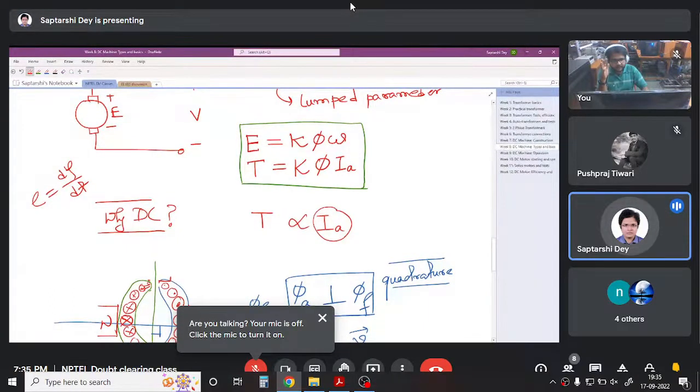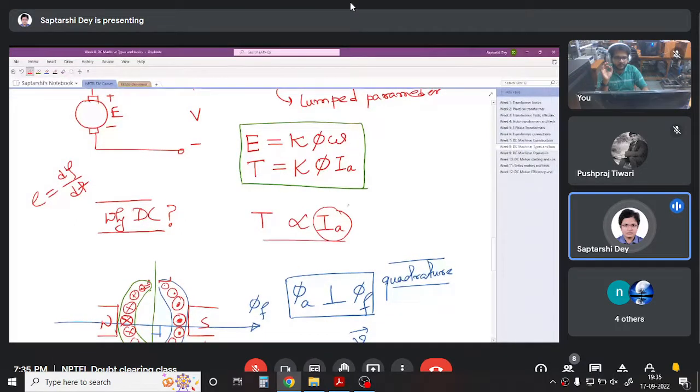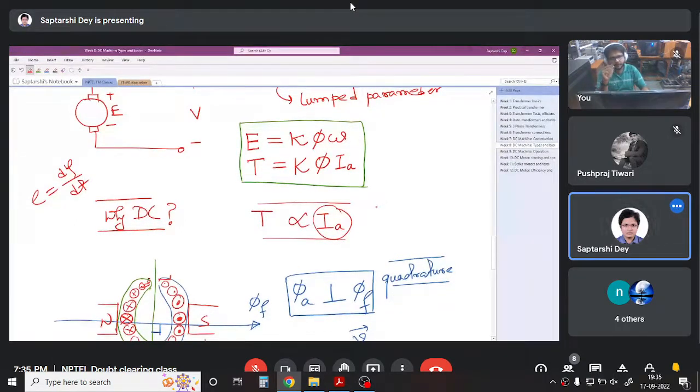As soon as you are controlling the current, this field flux phi is not affected. So if you promise that I will not change the field flux, you can directly write torque proportional to the armature current only. So you are having a linear relation of the torque and the current. So you can simply control it from outside with a linear controller and you will get a simple control on torque.